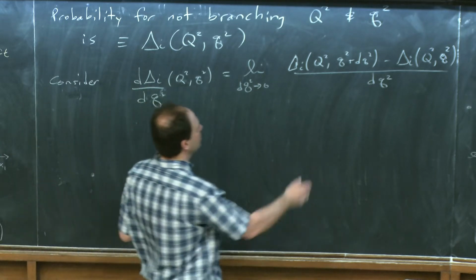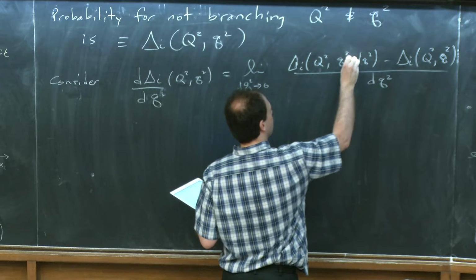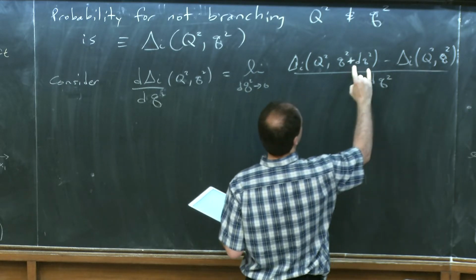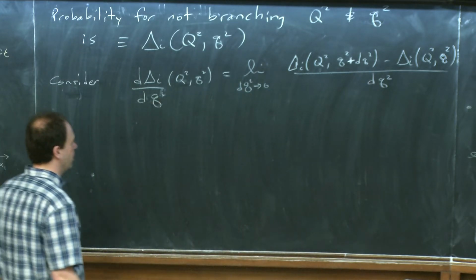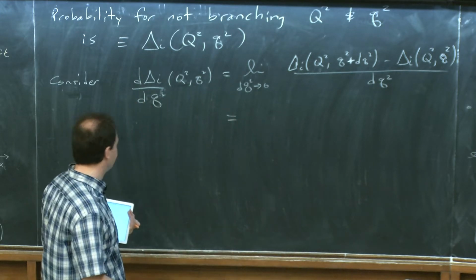This is no branching between capital Q squared and Q squared plus dq squared, and this is no branching between Q squared and little q squared. So the difference is this extra piece of no branching with the dq squared. And that extra piece means that there was a branching.